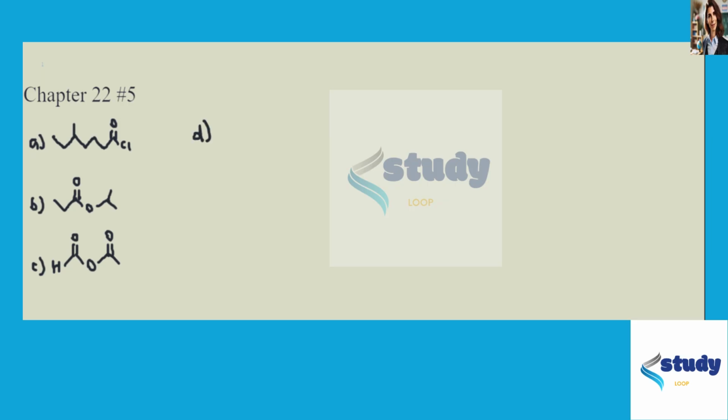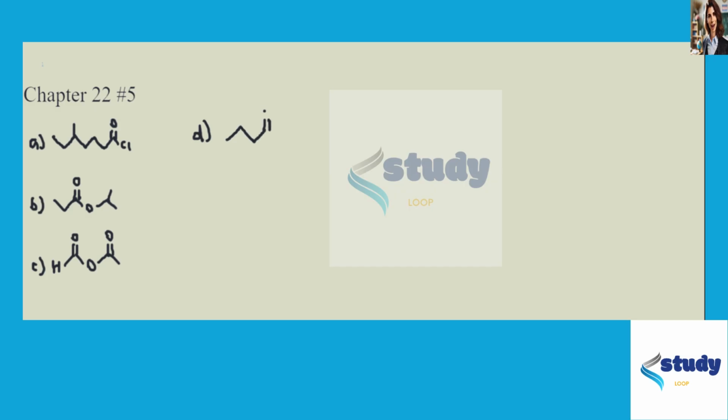For part D, we have N-isobutyl N-methyl butanamide. Okay, so N-isobutyl, so we have an isobutyl group on our nitrogen, N-methyl, so we have a methyl group on our nitrogen as well, butanamide. So let's start with butanamide. So 1, 2, 3, 4.